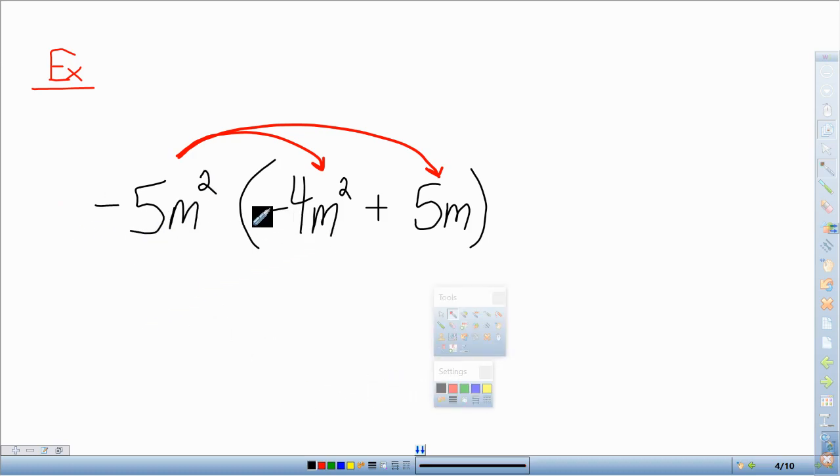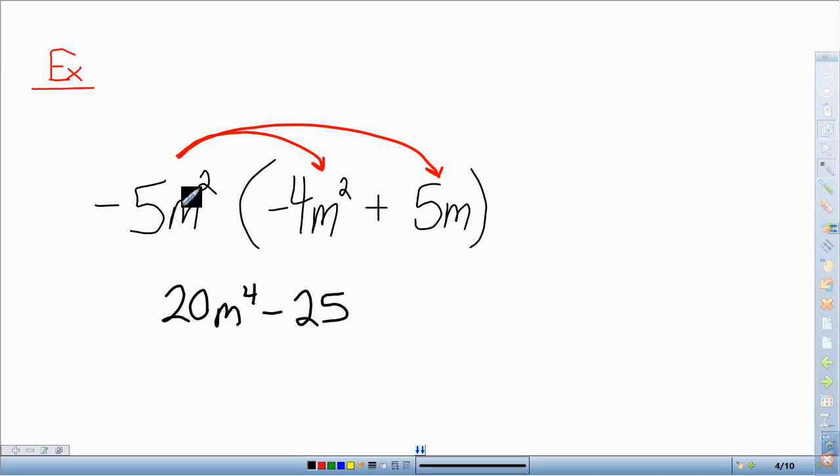Let's first multiply these two terms. So negative 5 times negative 4 is a positive 20. M squared times m squared gives me m to the power of 4. Okay, moving on to the next one. Negative 5 times 5 is negative 25. M squared times m to the power of 3. All right, here's something we need to start being careful of.